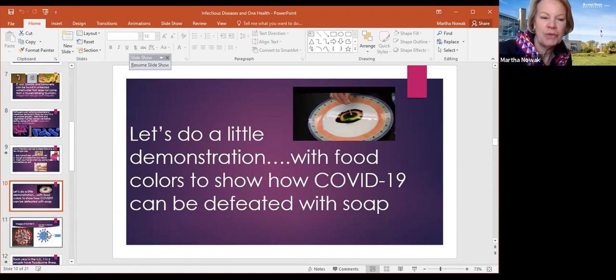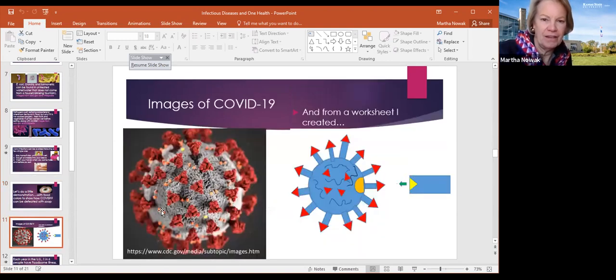And I'm going to show you the next thing, which has to do with a little worksheet I came up with. I made a model of the COVID-19 virus and I put it on paper. Let me get my other play toys out of the way and show you this.